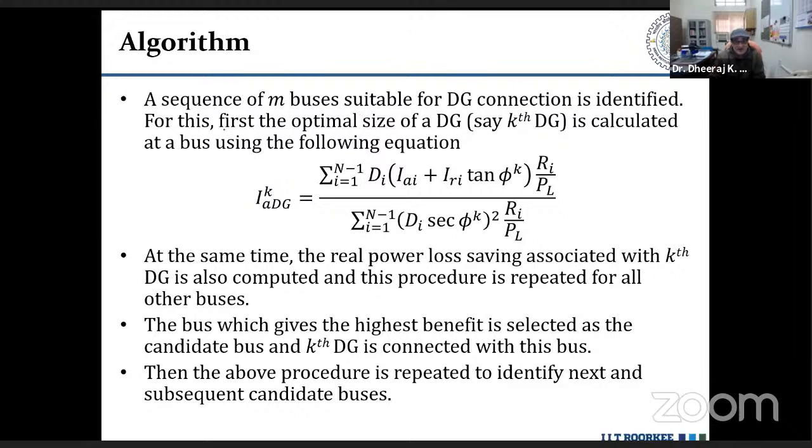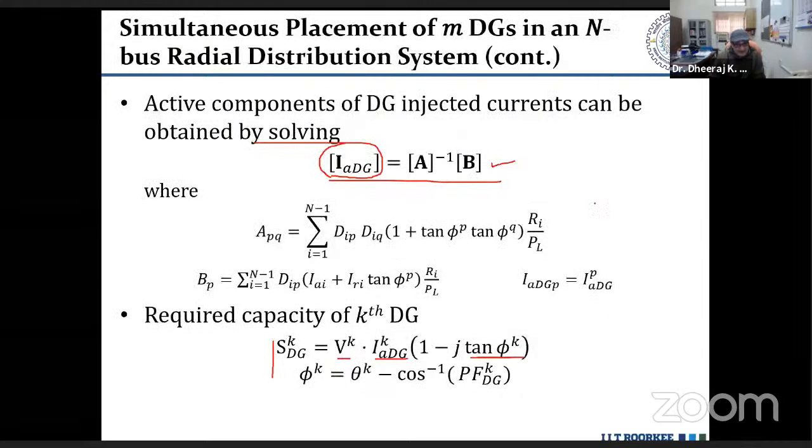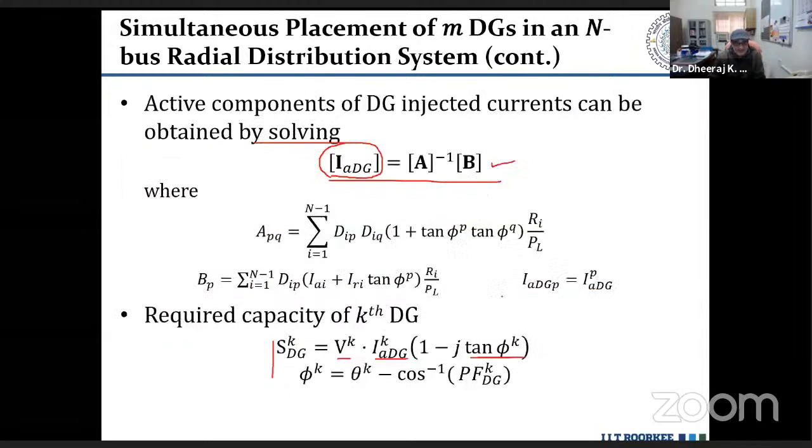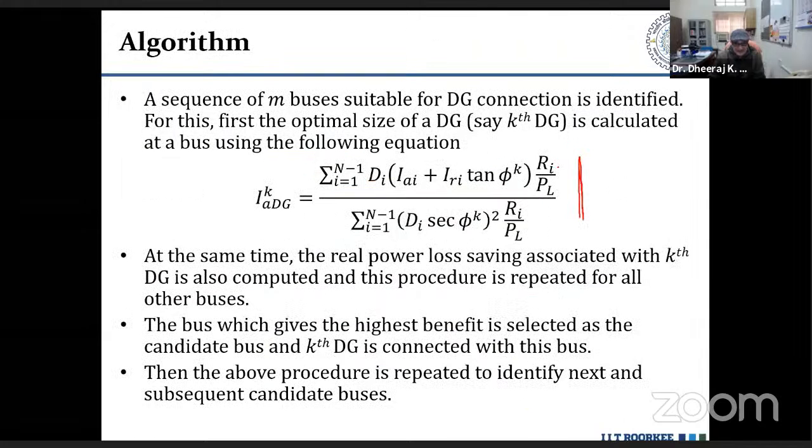For this purpose, what we are doing is, at a time we consider each bus and compute the optimal size of DG at that bus using this expression. This is again taken from the developed expression. If we consider M equal to 1, we can obtain this expression.